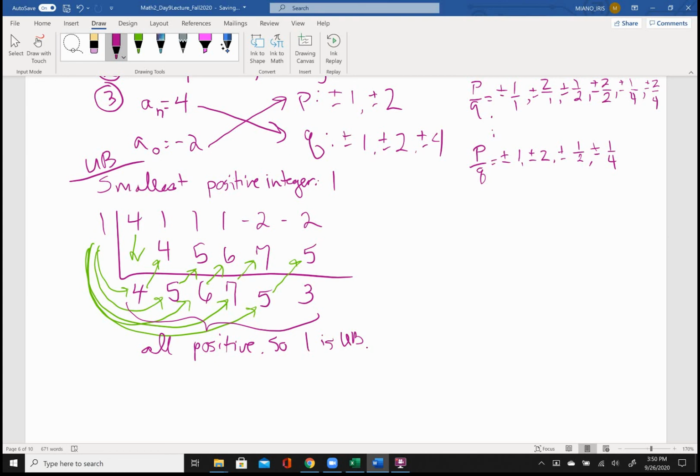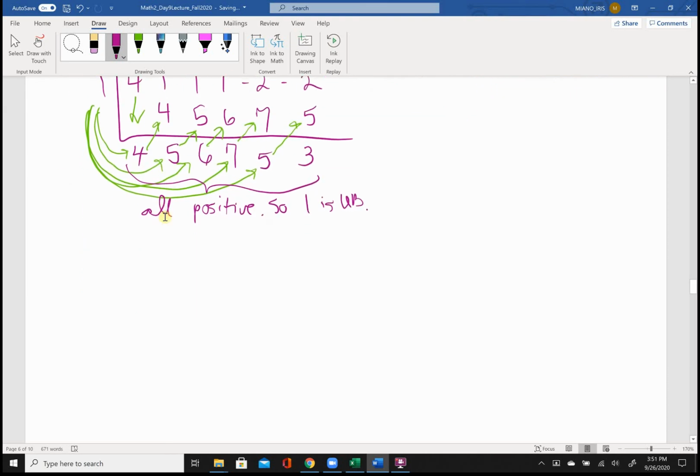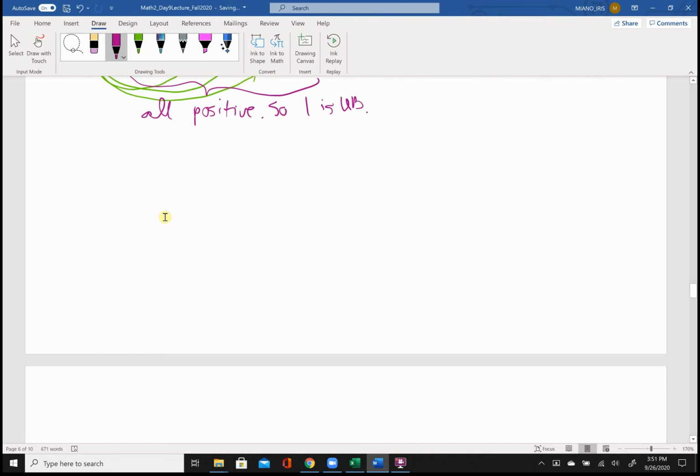Okay, cool. Now the process for the lower bound is as follows. You're going to start with your largest negative integer. Largest negative.